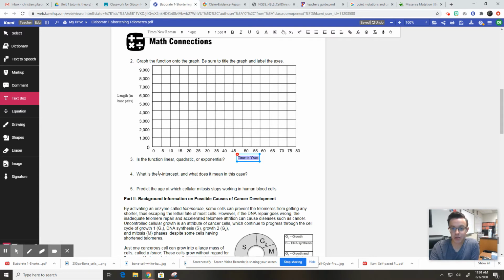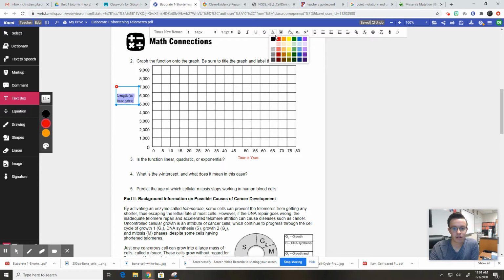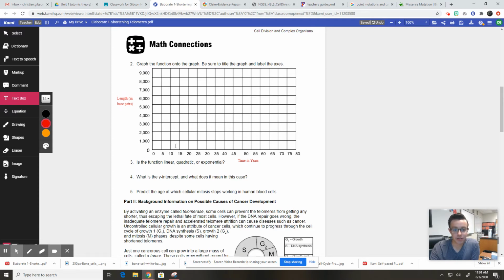And if that's a little close there for you, maybe we could change the color of our text so that it stands out, like that red. Yeah, there we go. So now we know exactly what we're talking about. We have our units there. It's not getting mixed in with the other questions. Okay, so lengthened base pairs, time in years, and then it wants us to graph it.